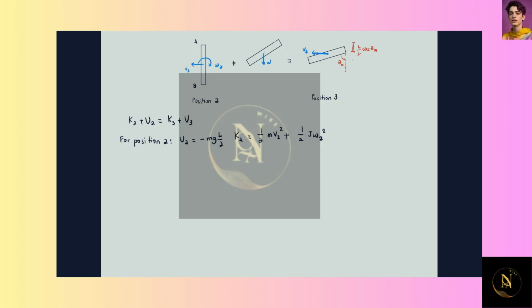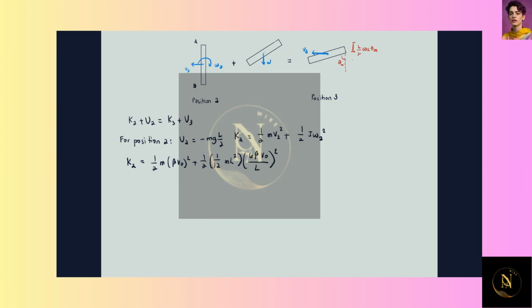And then K2 is equal to 1/2 mv2 squared plus 1/2 I omega2 squared. So substituting here the equation for v2 and the one that we got for omega2 earlier, and then the moment of inertia, K2 equals 1/2 m (beta V0) squared plus 1/2 times 1/12 mL squared times 6 beta V0 over L squared.